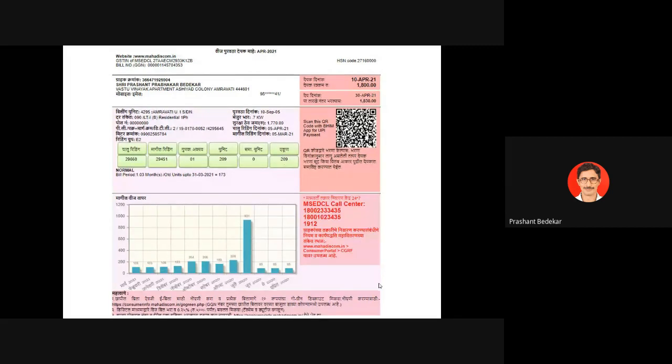I am trying to minimize my electricity bill. Minimizing means optimization. To minimize the electricity bill, we can do many things, out of which today I would like to concentrate on only one thing, and I appeal to all of you that if you have not done that, then you should go for that.